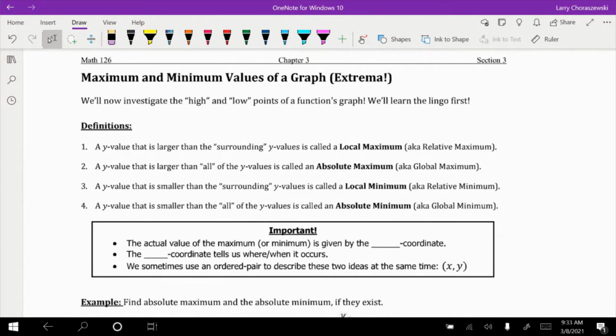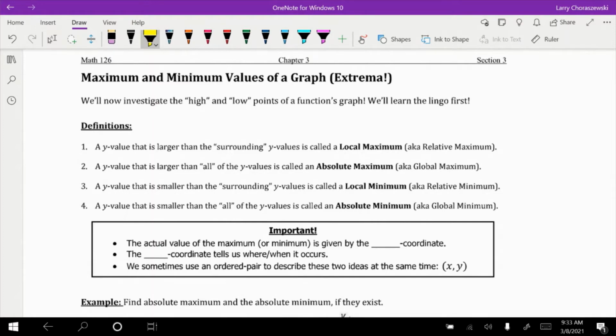But with that second problem of the written work, one of those parts deals with this topic. And the topic here is on maximum and minimum values of a graph.